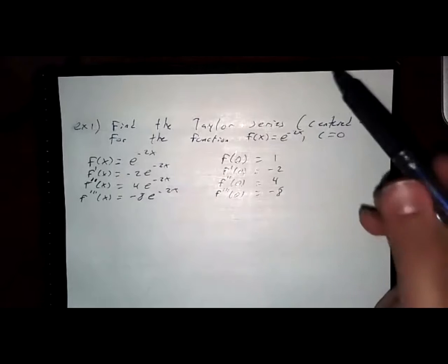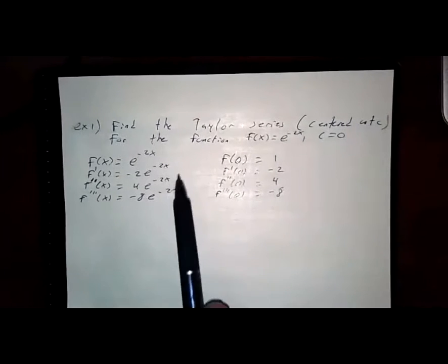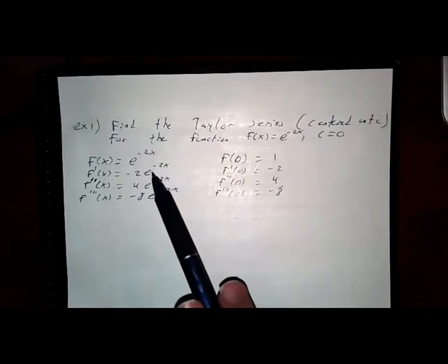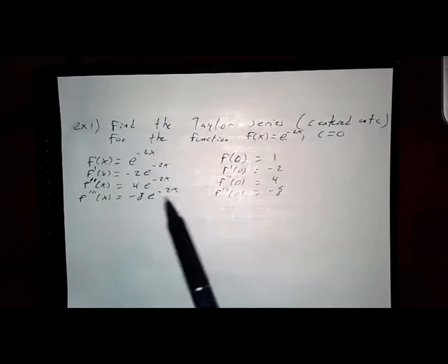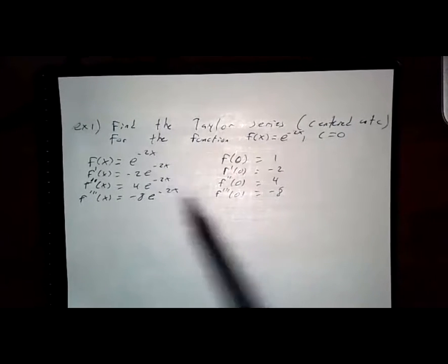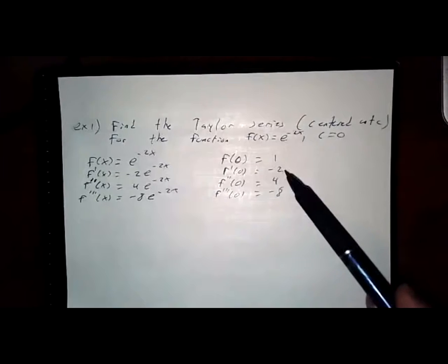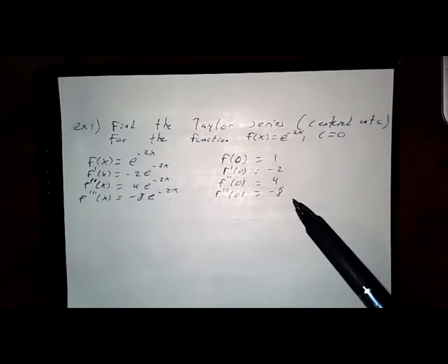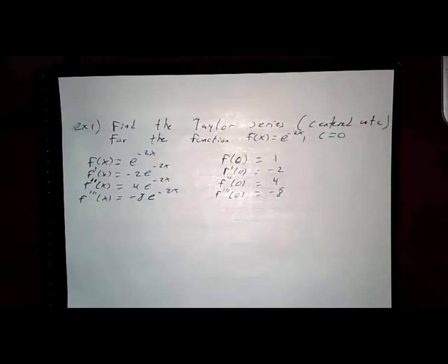It's all given to me by plugging in the value. I didn't show the work, but I'm just plugging in 0 here: e to the 0 is 1, so all of these are just 1s. 1 times negative 2, 1 times 4, 1 times negative 8. At this point, you need to start trying to find a pattern. But let's go ahead and plug it in.